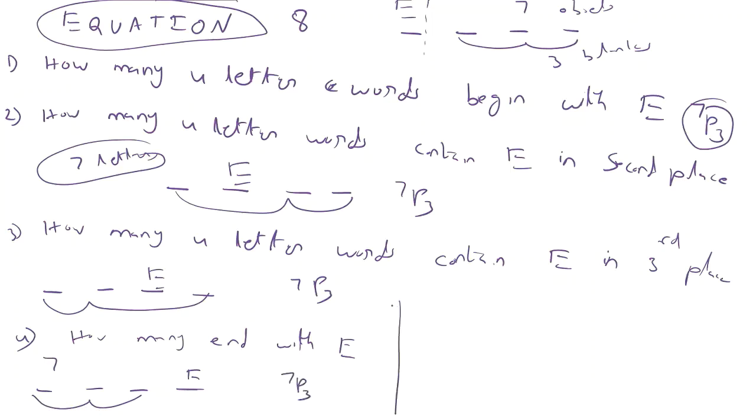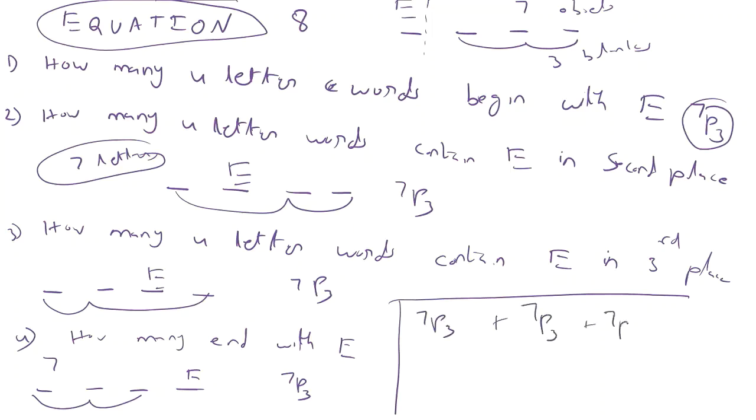Now let me ask an interesting question. How many words contain E? That means E can be in the first place, or in the second place, or in the third place, or in the fourth place. Words which start with E: 7P3. E in the second place: 7P3.